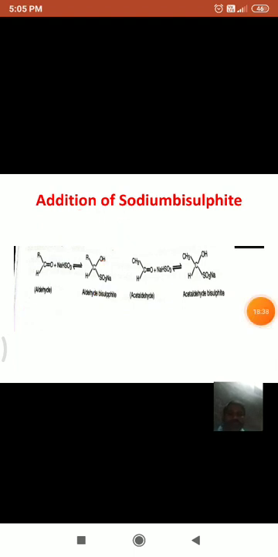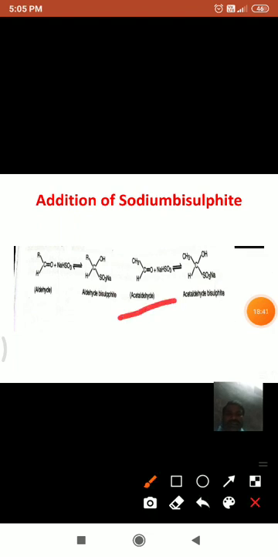And in the same way, this is acetaldehyde. In this case it forms acetaldehyde bisulfite. That means aldehydes or ketones react with sodium bisulfite and form the corresponding bisulfite addition product. See here, this is acetaldehyde.